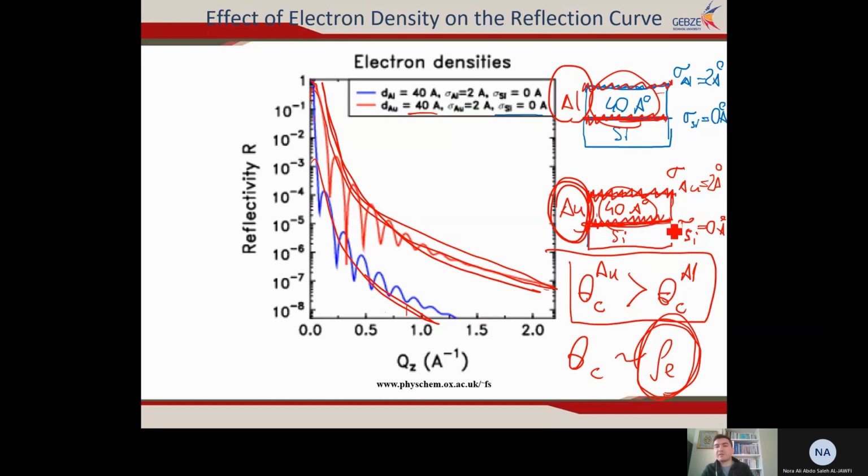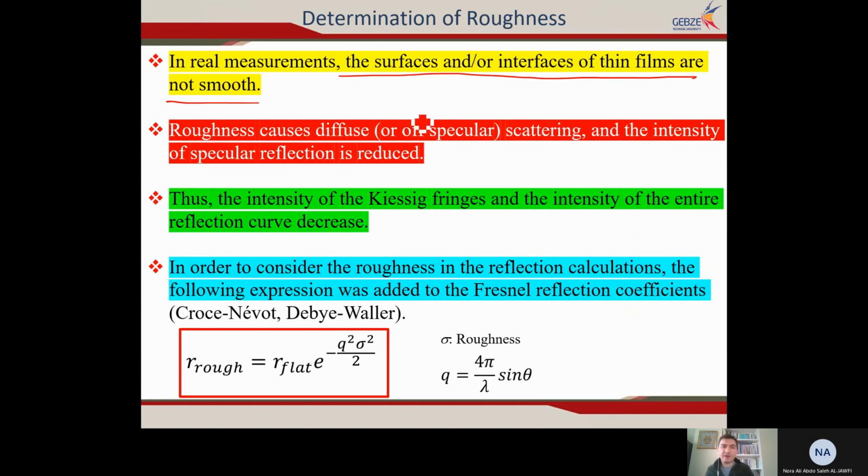But of course, you can decrease the amount of the roughness by using special sample preparation methods. But now we will discuss the effect of the roughness. Just consider that here we have a very flat surface of the film. Let's consider these are the atoms at the surface of the film.